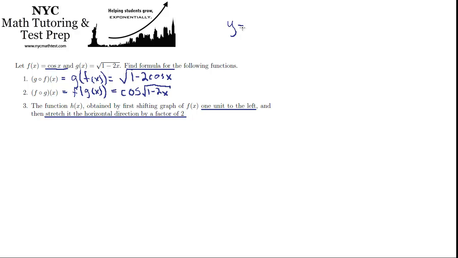Well, y equals cosine x, if you recall, is this basic function that starts at 1 and goes down to negative 1. And if you remember the unit circle, at 0 the cosine is 1. And then at pi over 2 the cosine is 0. And at pi the cosine is negative 1, which is down here.